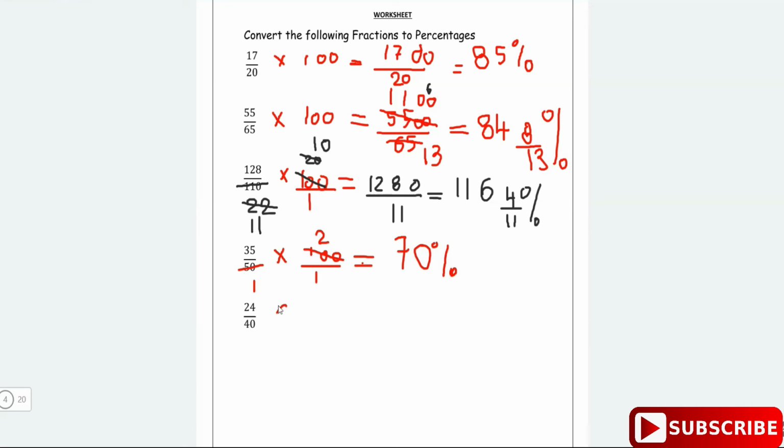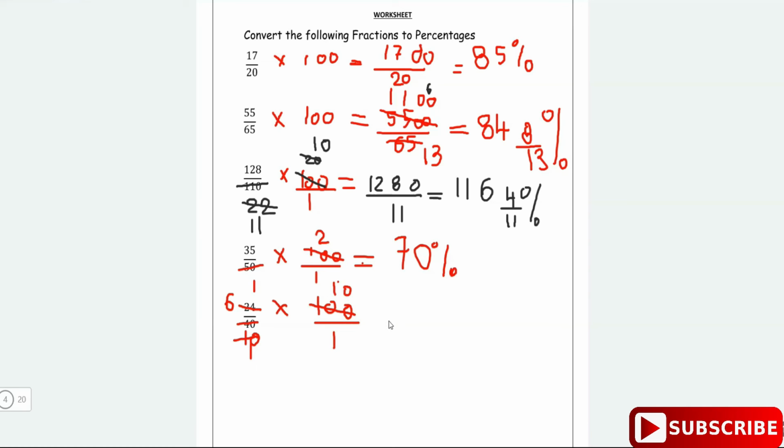Nice. Now, how to convert 24 over 40 to percentage? 24 over 40, again, you multiply it by 100. And what you're going to get is, you can say 4 into 24 goes 6 times, 4 into 40 goes 10 times, then 10 into itself goes 1 time, and 10 into 100 goes 10 times.